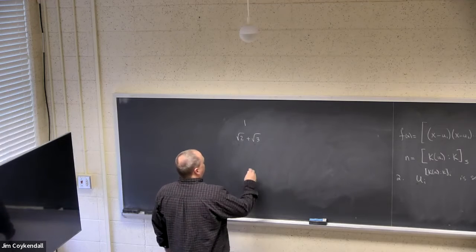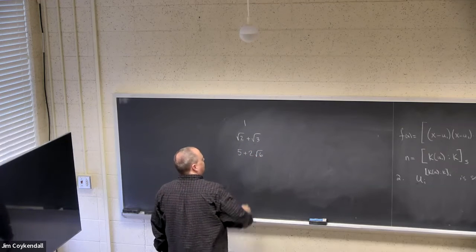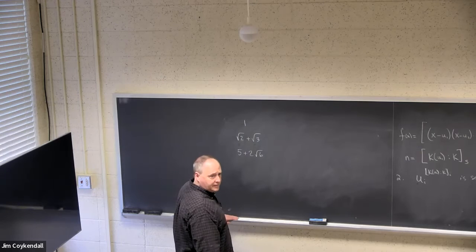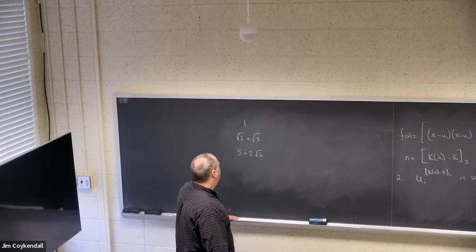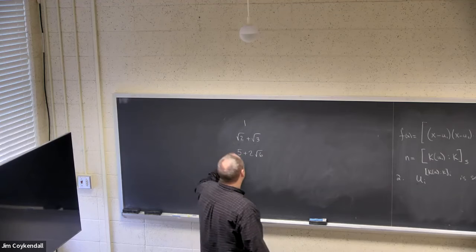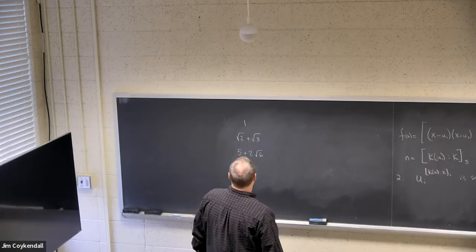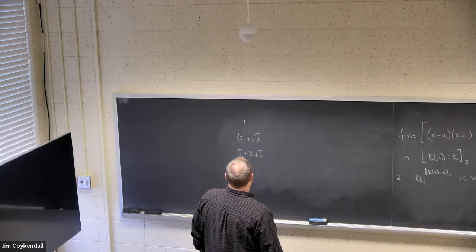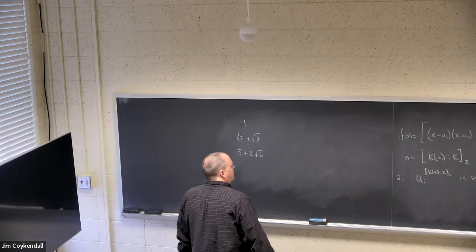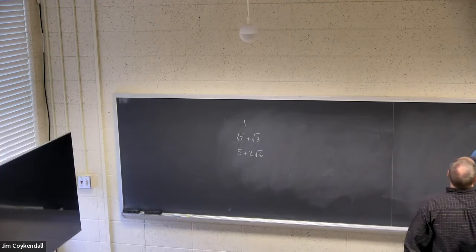If you square this, you get like 5 plus 2 radical 6, I reckon. And then you cube this. So forgive me because I'm doing this on the fly, but let me multiply that out.